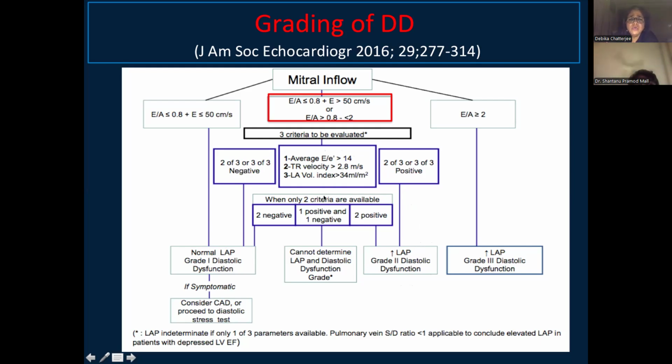So there are only 2 criteria. Out of those 2, if 2 are negative, then it is a grade 1 diastolic dysfunction. If 2 are positive, then it's a grade 2 diastolic dysfunction. And if 1 is positive and 1 is negative, then you cannot determine the LA pressure or diastolic dysfunction grade.